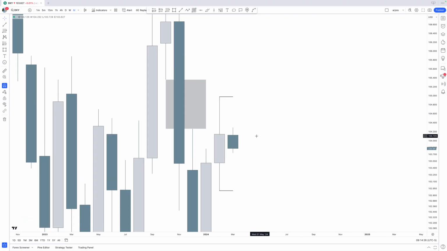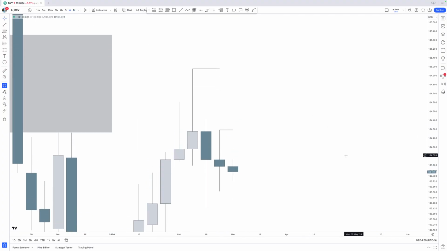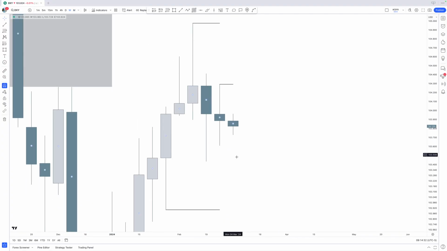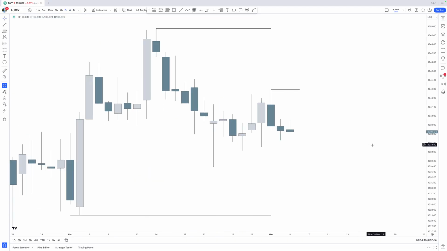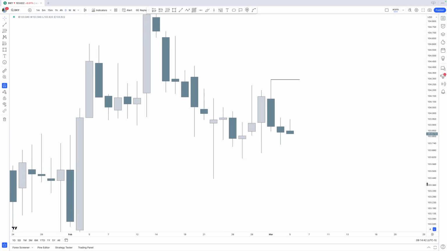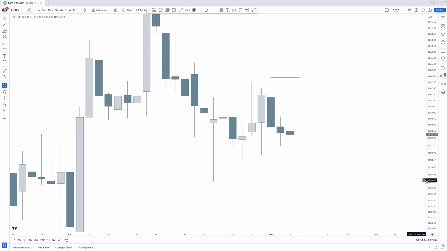Now, if we then go into the lower time frame, ideally what we want to see is fair value gaps actually supporting the idea of continuing lower, which currently we do not have, which is why I mentioned that the price action overall is a little bit more difficult to navigate. So we have to work with short-term trading conditions.